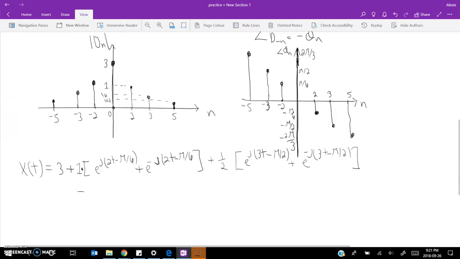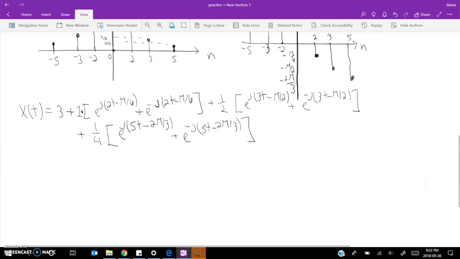And to all this, we add 4 times e to the j multiplied by 5t minus 2 pi over 3 plus e to the negative power of j multiplied by 5t minus 2 pi over 3. And all this would be our representation in the exponential form.